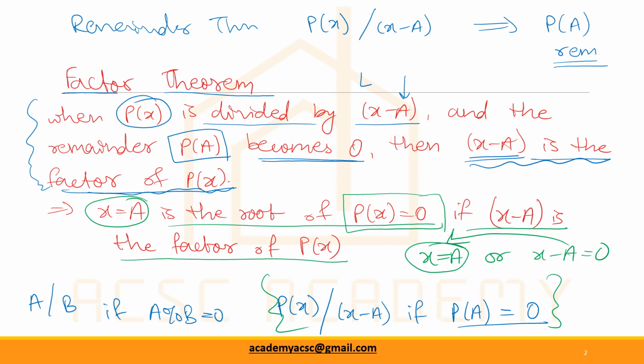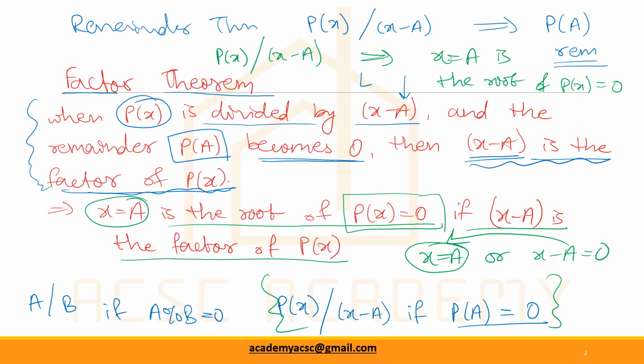So what do we learn from this? The only thing is, if you have a polynomial p of x that is perfectly divisible by x minus a, then you will say that x equals a is the root of p of x equal to 0. And how do we check if it is perfectly divisible or not? Using the remainder theorem.